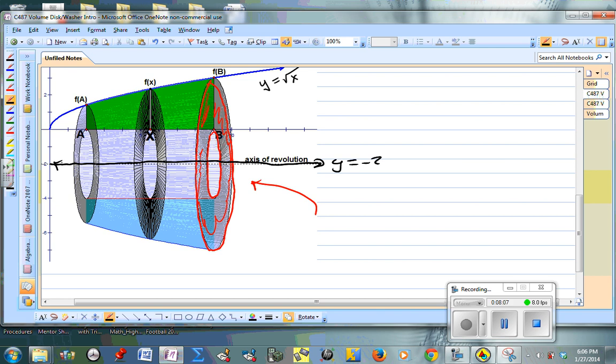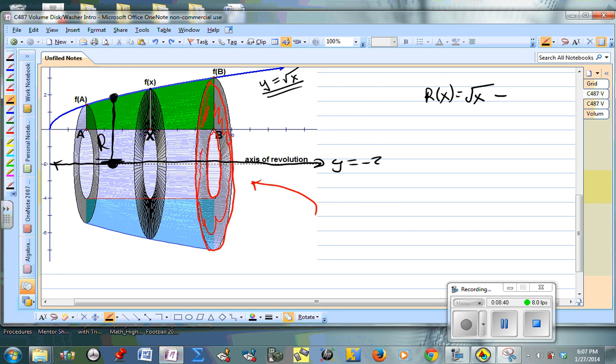Now let's draw the radius. We're going to have two radii. First, let's identify big R, the big radius. This goes from the axis of revolution to the far end of the shaded region. Let's set up an expression. Big radius is going to be the top. What defines the top of this big radius? It looks like our curve defined by y equals the square root of x. So we have square root of x minus, top minus bottom.